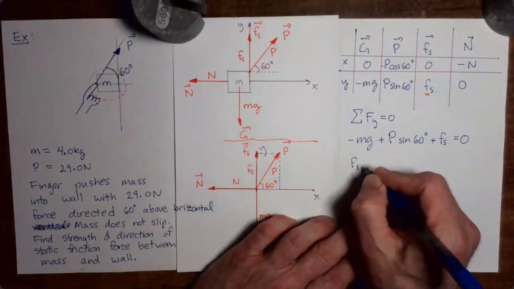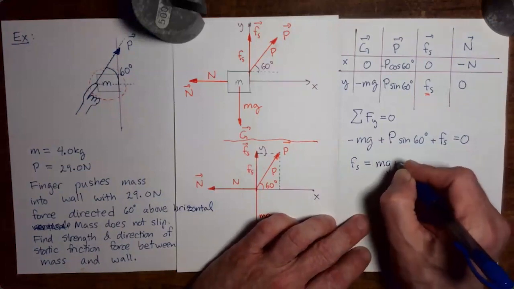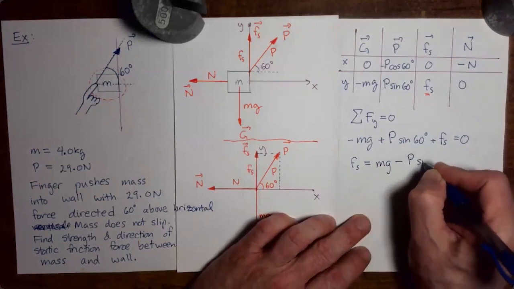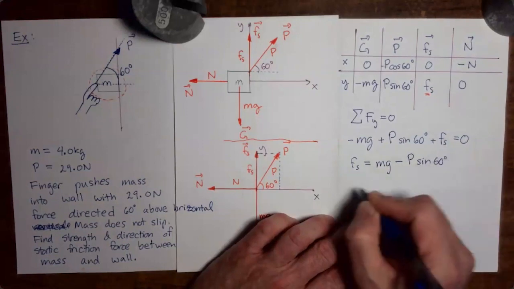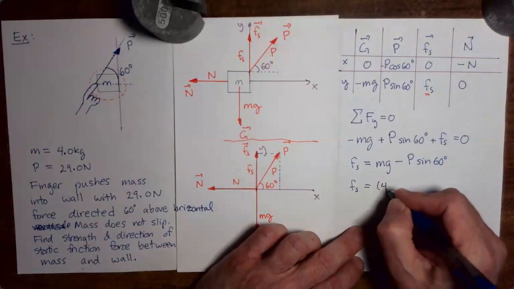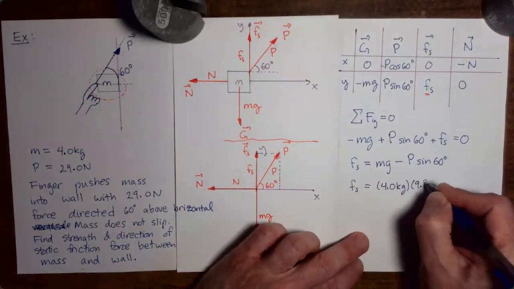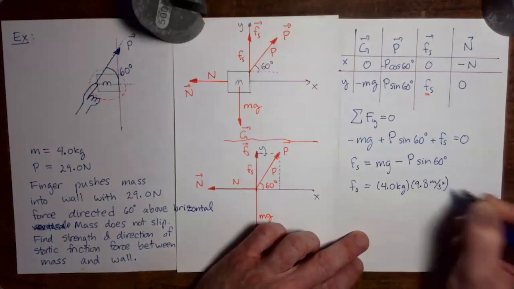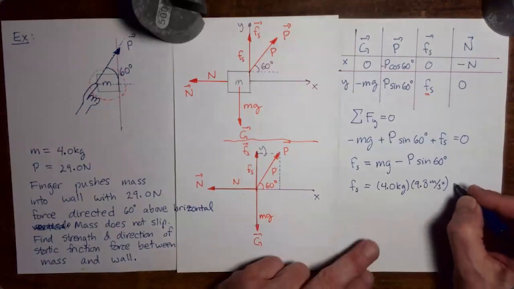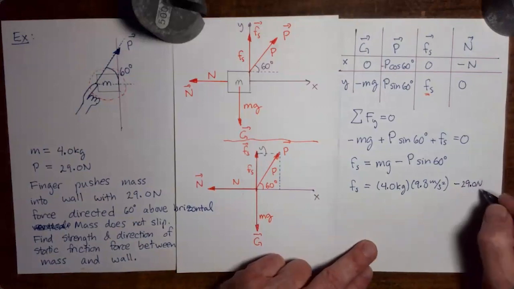And then I get magnitude of static friction force equals mg minus p sine 60. And now I make the substitutions, mg, so that's 4 kilograms times 9.8 meters per second squared, minus 29 newtons, sine 60.